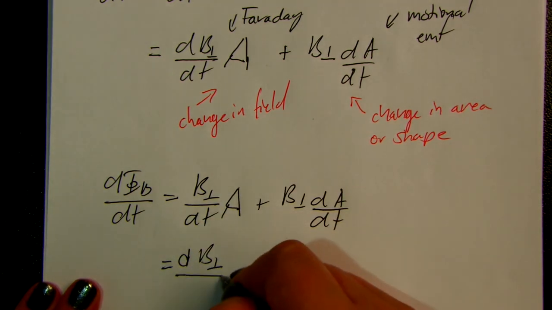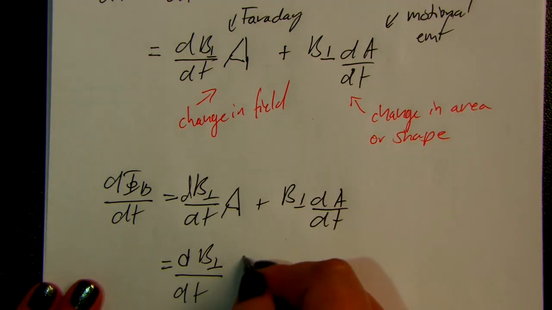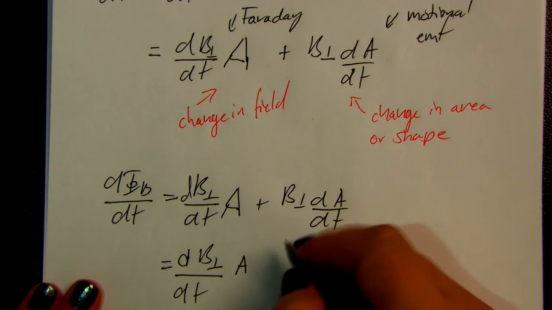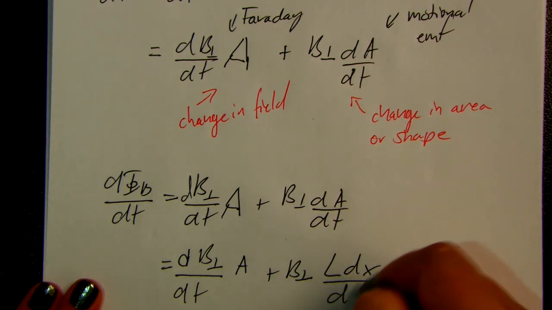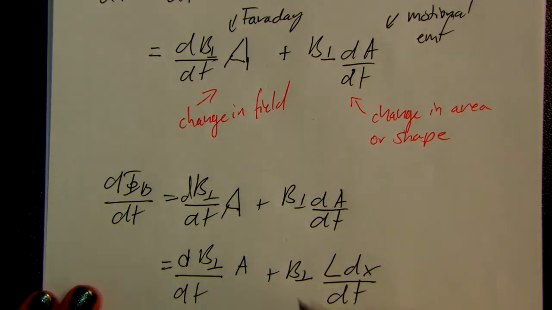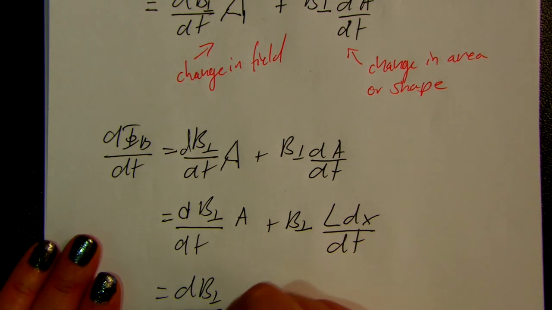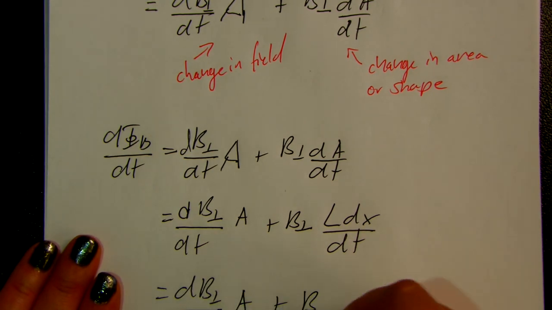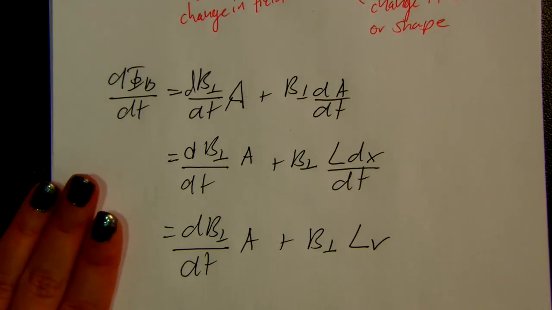So now we're just plugging in what dA is, and this is equal to dB perpendicular/dt times A plus B perpendicular L v, which we've seen before.